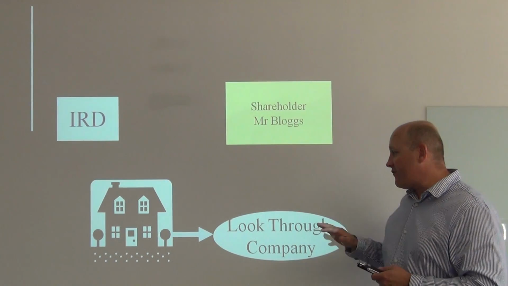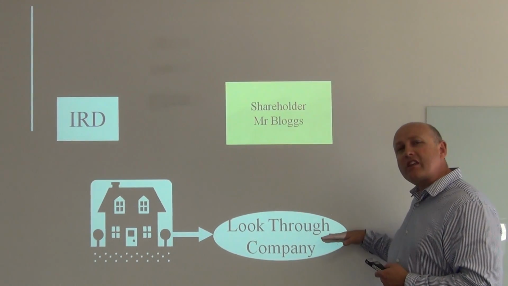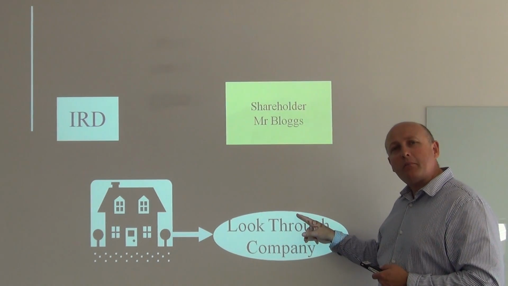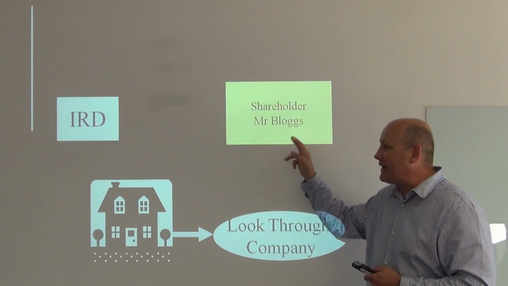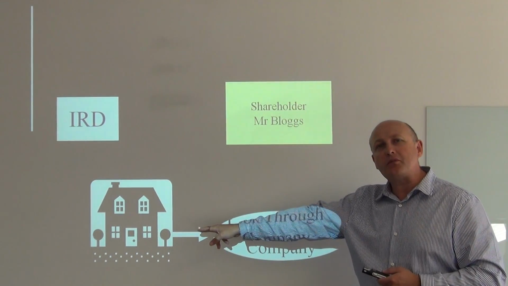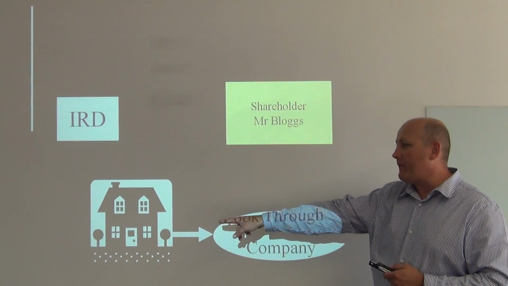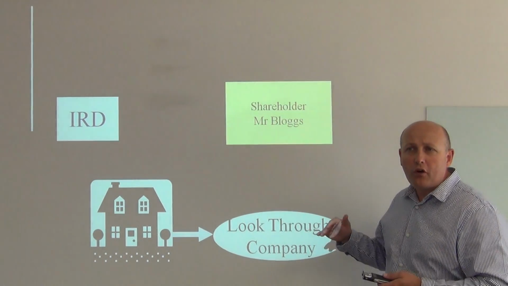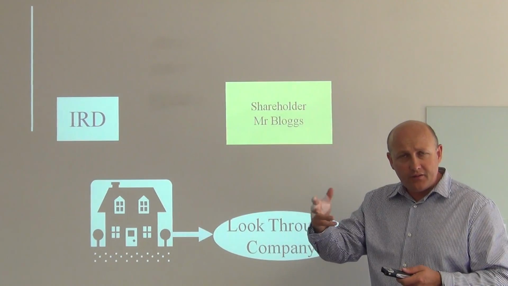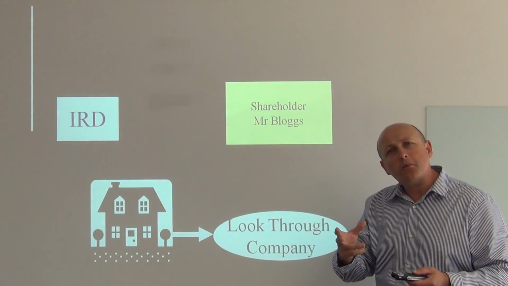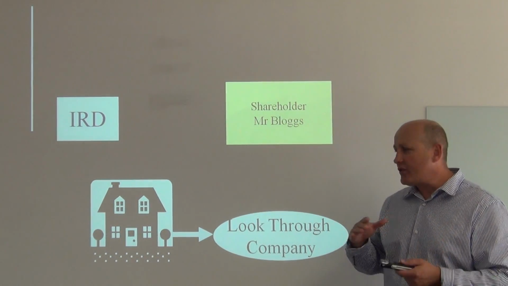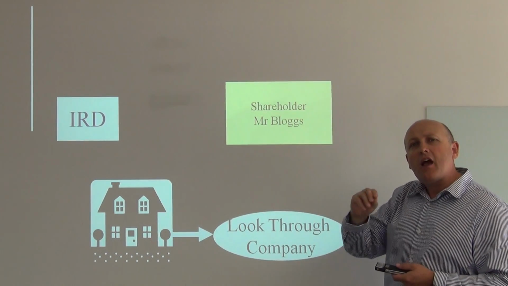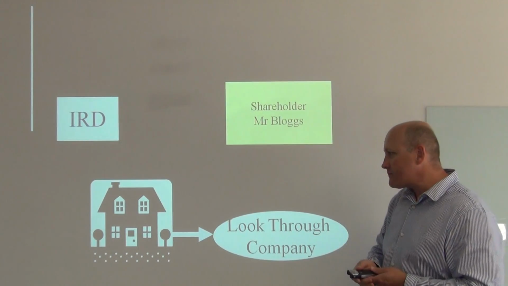So in other words, from IRD's perspective, it's as if the company doesn't exist, and if the shareholder owns 100% of the company, then the shareholder is deemed to own directly, for tax purposes, 100% of the rental portfolio. So that's good because your profits, your capital gains on your properties, your surpluses from an income tax perspective, and your losses flow through the company to the shareholders as if the company doesn't exist.